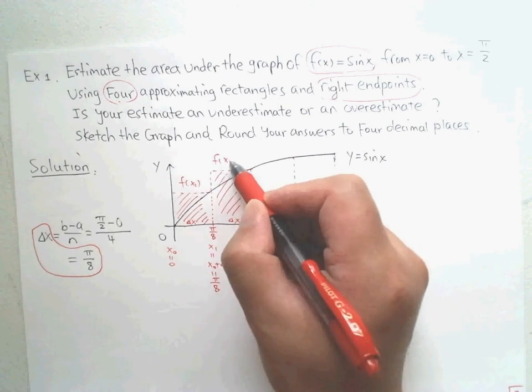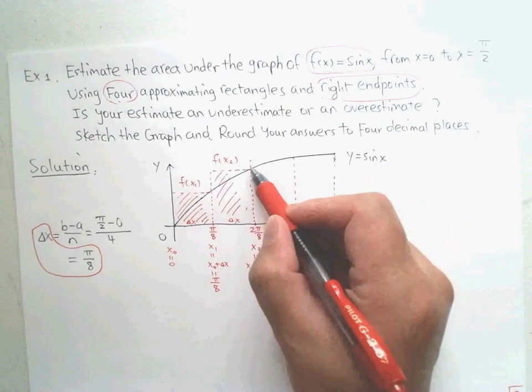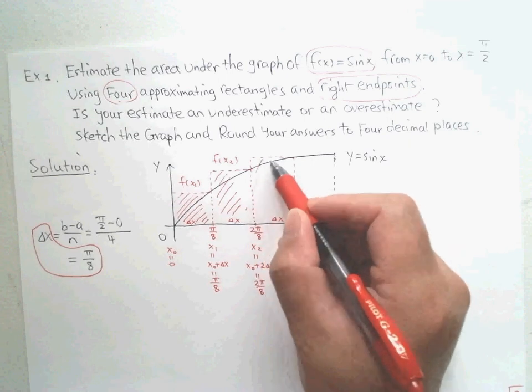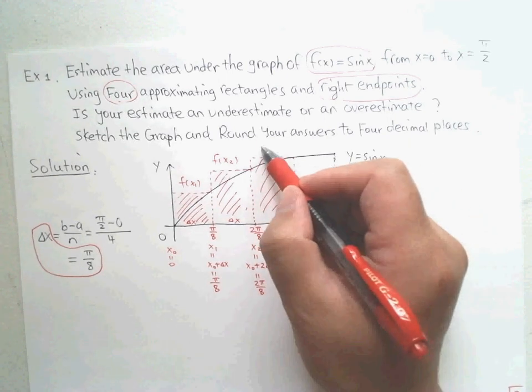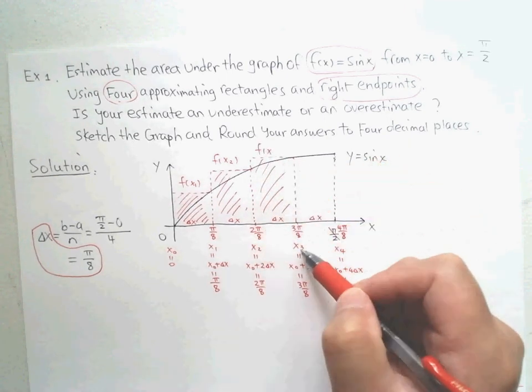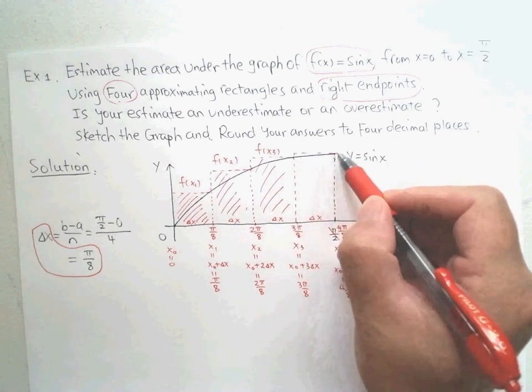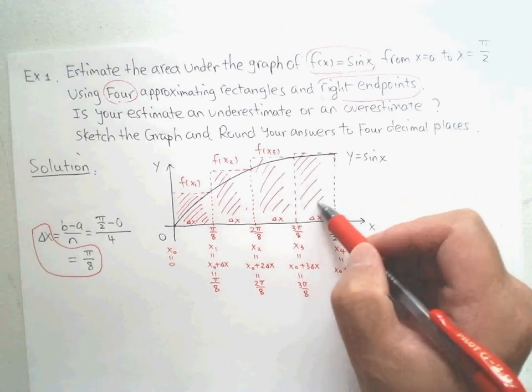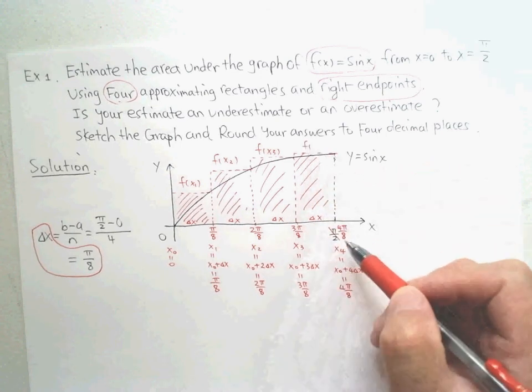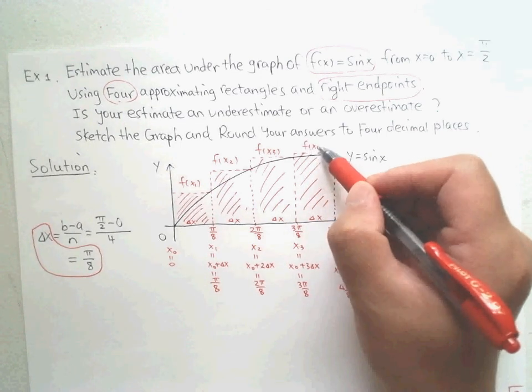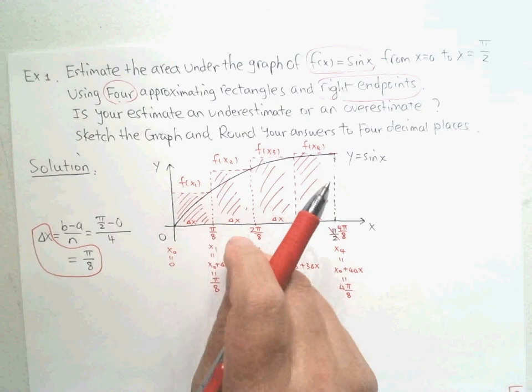Highlight: the height is f at x2. The third small rectangle is this, f at x3, the right endpoint. The last one is here, so that's f at x4.